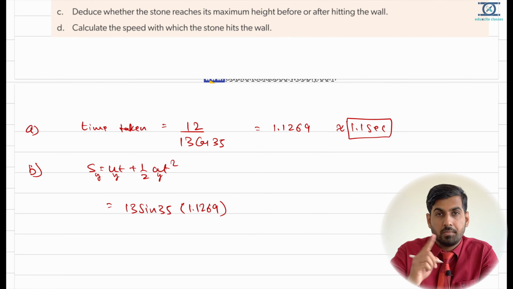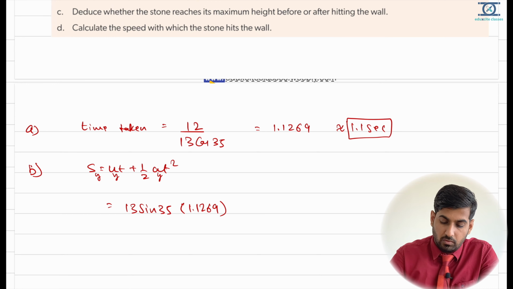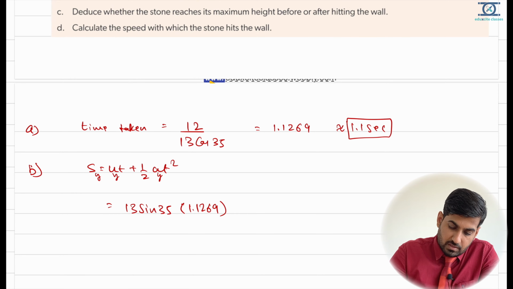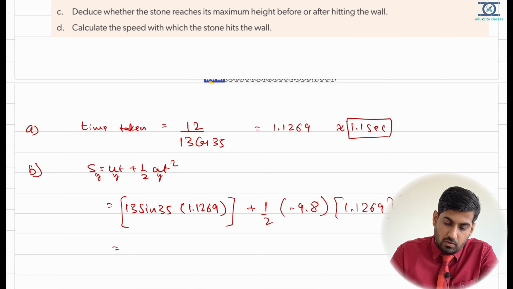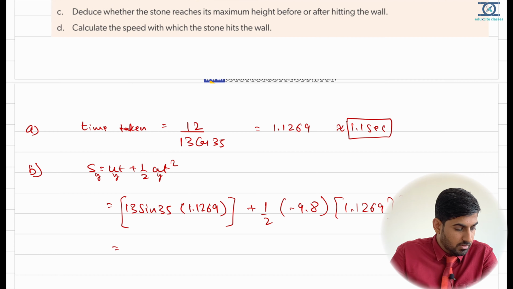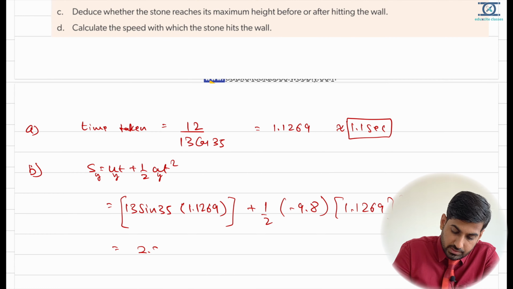So take the whole complete value of what we get in the above part, don't round off here. So this will be ut plus half times minus 9.8 times 1.1269 whole square. So if you solve for this, I have already done the calculation, you will get 2.2 meter.